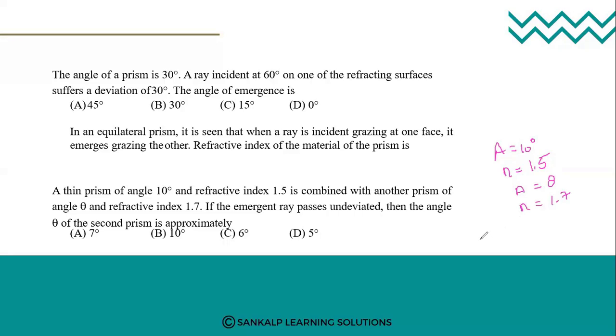If the emergent ray passes undeviated, so the emergent ray means what? This is the incident ray, this is the refracted ray, this is the emergent ray. So what they are saying, if the emergent ray passes undeviated, then the angle theta of the second prism is, how to do this?